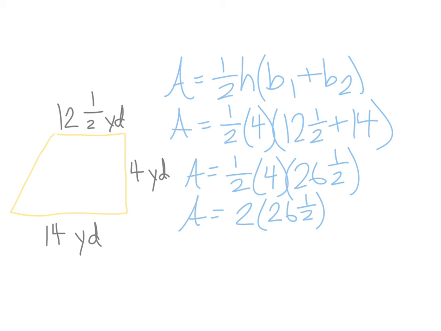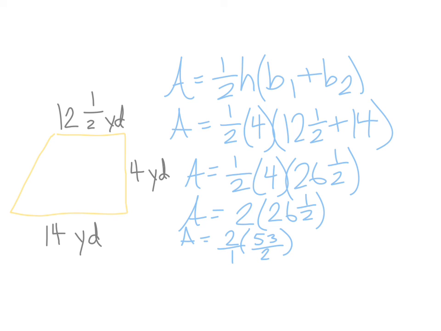Now I can keep 26.5 as a fraction by changing it to an improper fraction, or I can change it to a decimal. I'm going to leave it as 26 and 1/2 as an improper fraction, which is 26 times 2, which is 52, plus 1 is 53, over our original denominator of 2.